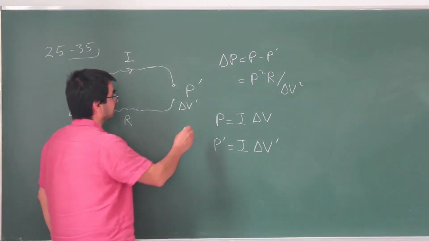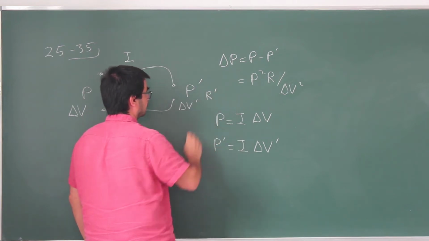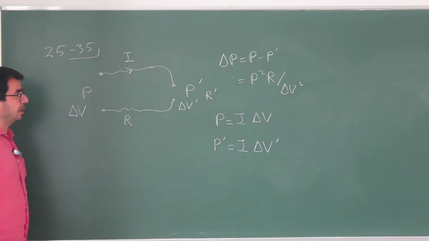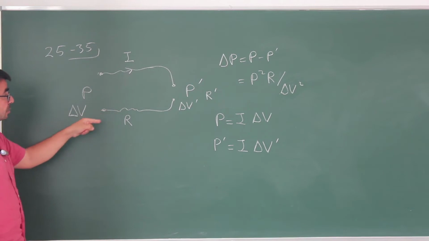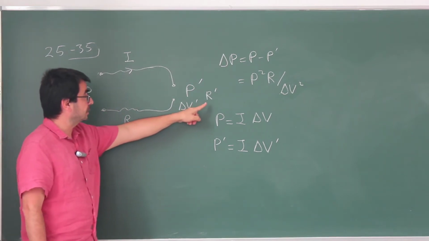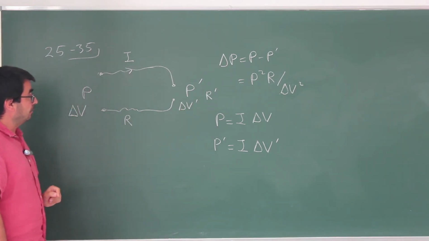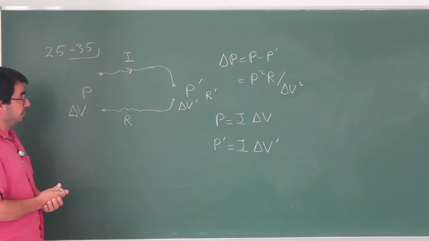So let's also attach some resistance to where the consumption of power takes place, just to make things a little bit easier. This has to drop out somehow, but for convenience, we are going to just introduce it at this point. So the total resistance in the circuit is going to be R plus R prime, and we can rewrite our power in terms of those.